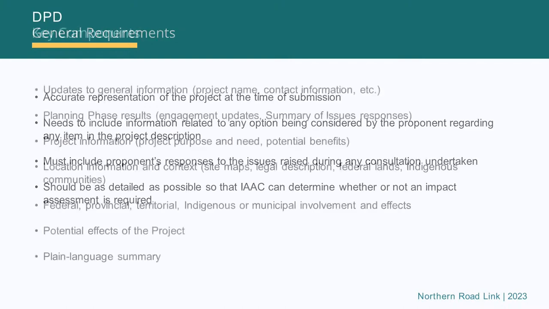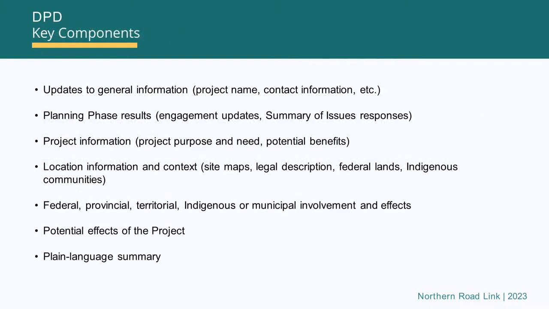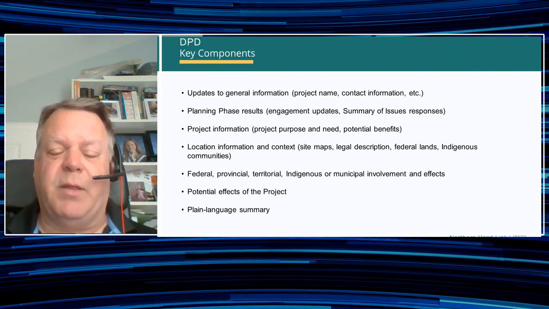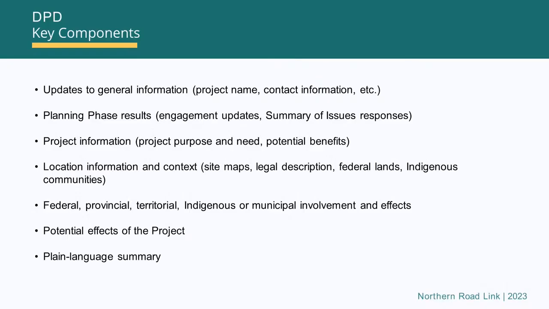Let's move now to the key components of a detailed project description. Some of these may be obvious, but it's important that we go over these. One of them is updates to general information. So if the project name or contact information has changed, that has to be included. The results of the planning phase, so those responses to the summary of issues.